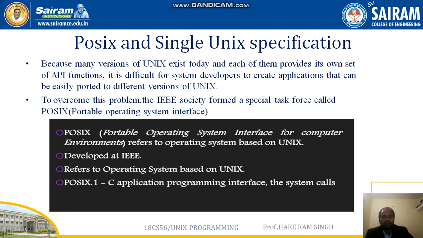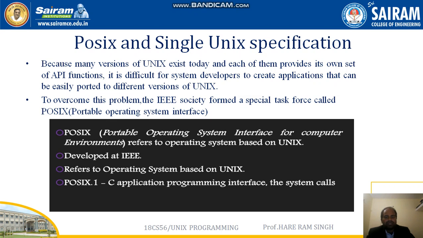Next is POSIX and the single Unix specification. Many versions of Unix exist today, and each of them provides its own set of Unix API functions, so it is difficult for system developers to create applications that can be easily ported to different versions of Unix. This is what has happened. Unix was first written by Dennis Ritchie and J. Thompson.